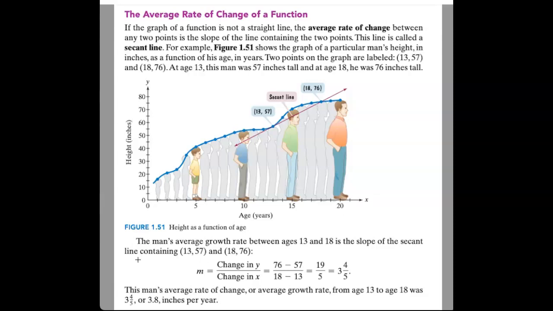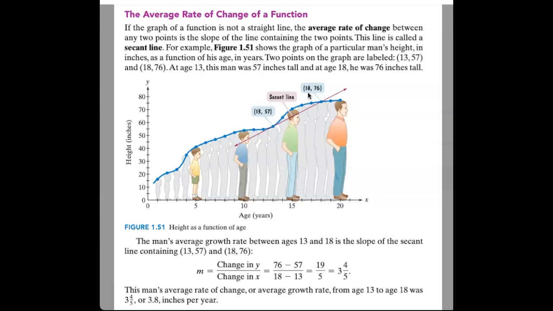The man's average growth rate between ages 13 and 18 is the slope of the secant line containing those 2 points. Now, notice we're just finding the change in y over the change in x. So, of course, the y value is 76 minus 57, that's 19.